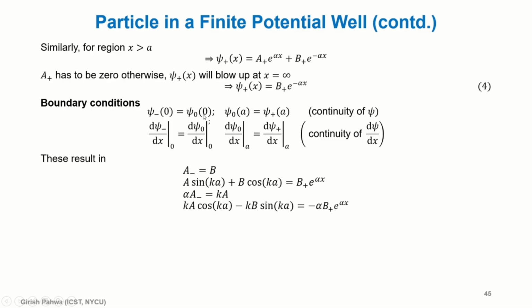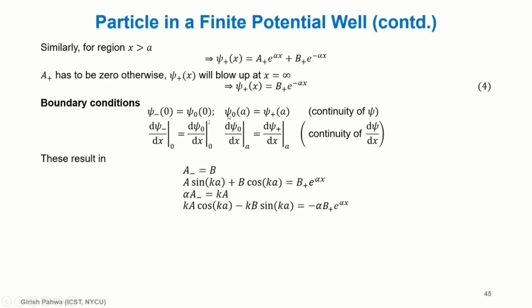What is ψ naught 0? ψ naught was A sin kx plus B cos kx, something like that, right? If you put 0 here, you will get B cos kx, and at x equal to 0, cos kx becomes equal to 1. So the left hand side you got from ψ minus, the right hand side you got from ψ naught, and that will make A minus equal to B.